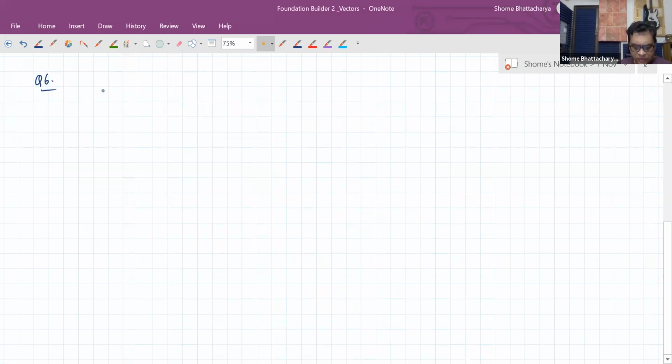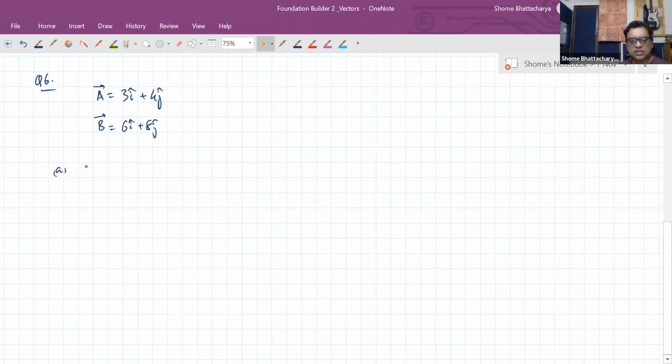Okay, so question 6, it is given to us that the vectors A and B are like this. And we have to say which of the statements is correct, or rather which of the statements is incorrect.